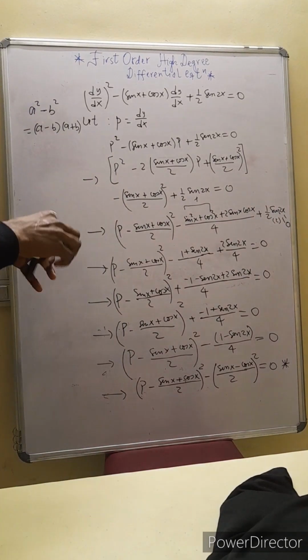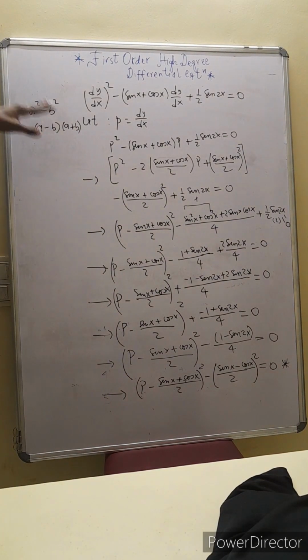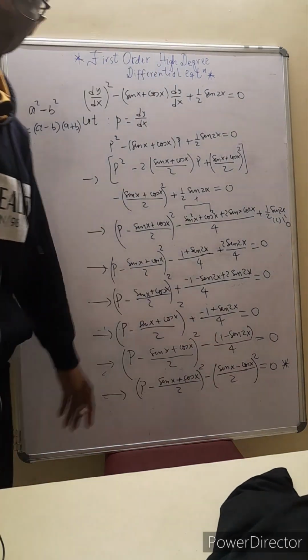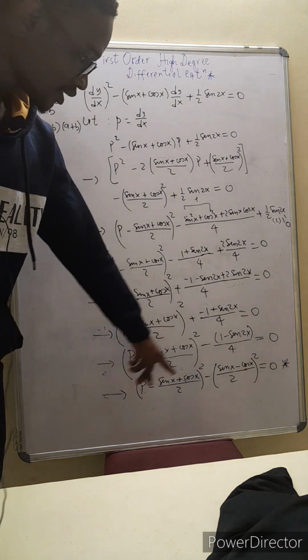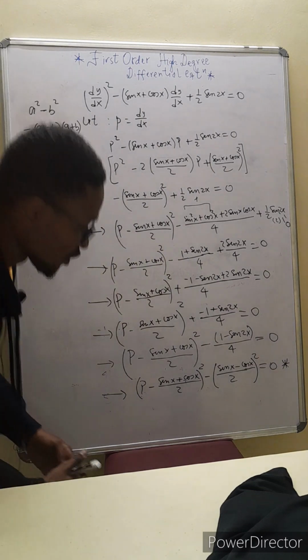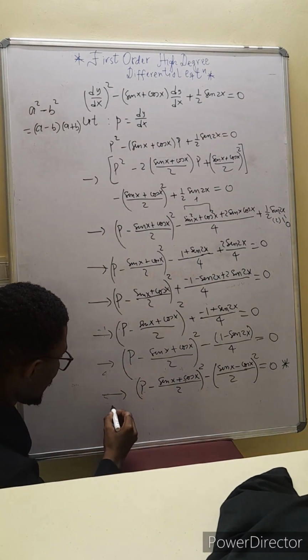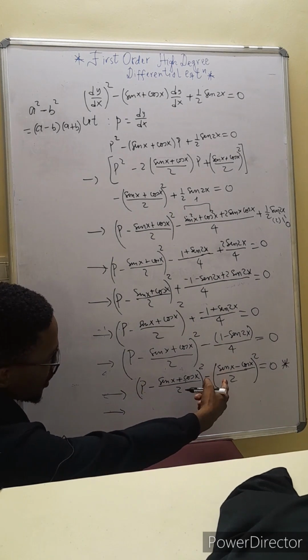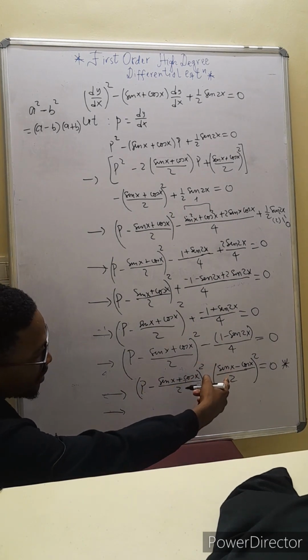As I was saying, here we have this expression, a difference of squares. So we have this one and this one. This is like a square minus b square, and this one will be equal to a minus b times a plus b. Then just do this one, and here you are going to get this expression: this plus this one, and this times minus this one.